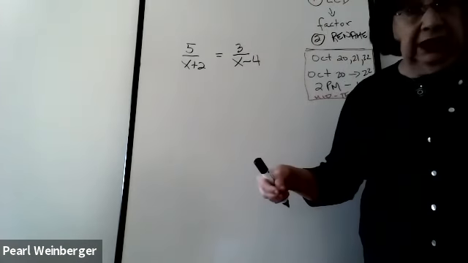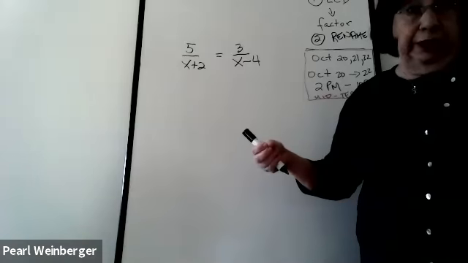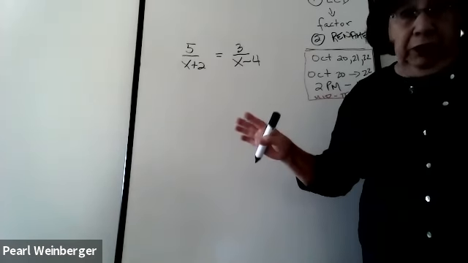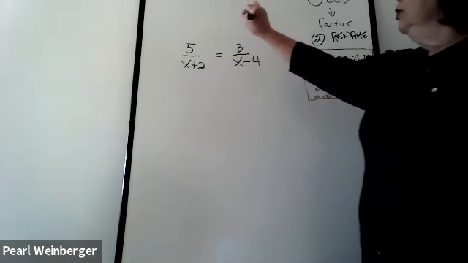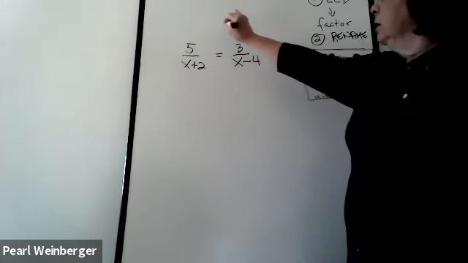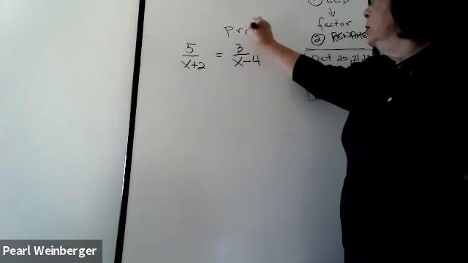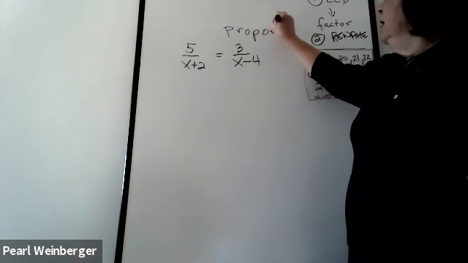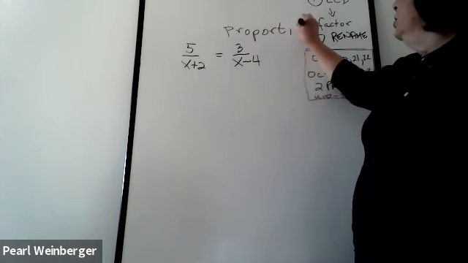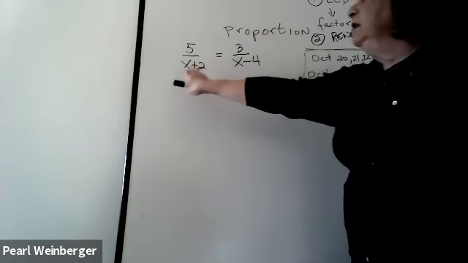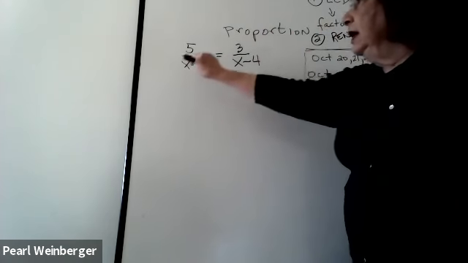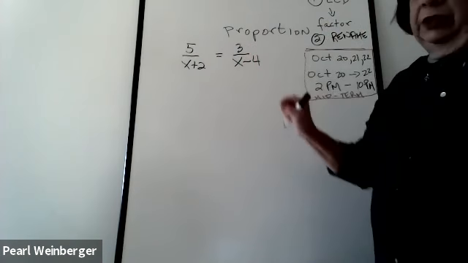This is one type of fractional equation where what we have is something called a proportion. A proportion is an equation in which you have a single fraction on one side and a single fraction on the other side.